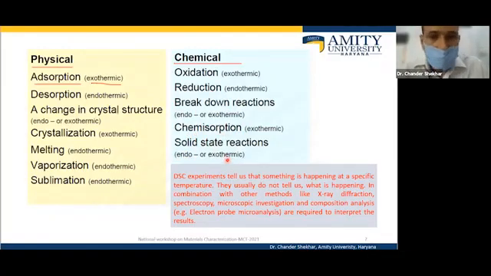So basically there is a whole spectrum of transformations, which take the same idea: whenever any of these processes happens in the sample, thermal energy is either generated or consumed from the surroundings.